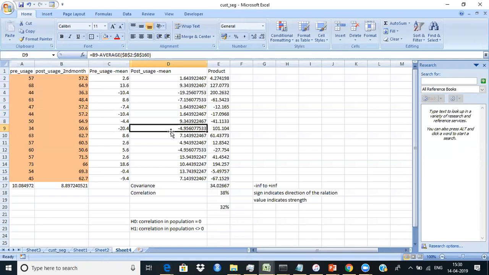If a person was using higher compared to the mean, ideally in post-usage as well, the product should be positive. The overall correlation will be 100% if both follow the same trend. But in this case, we got 38%, so we can conclude the correlation is not high.